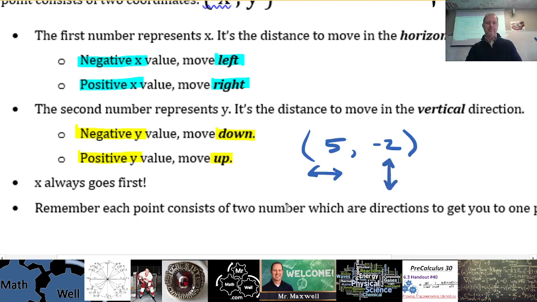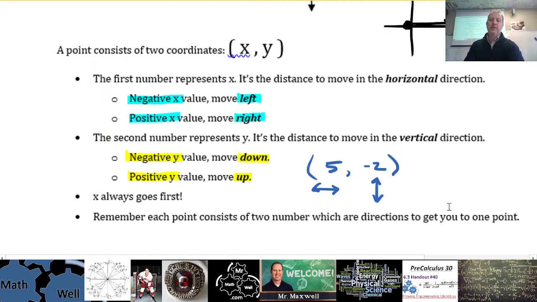Very important. And remember, each point consists of two numbers, which are the directions that you will move to get to the point. And that is always from the origin, the directions to get you to one point. And I'm going to add this, and you should add this too, please, from origin. So from 0, 0. You always start there, and then you move accordingly, whatever the numbers tell you.